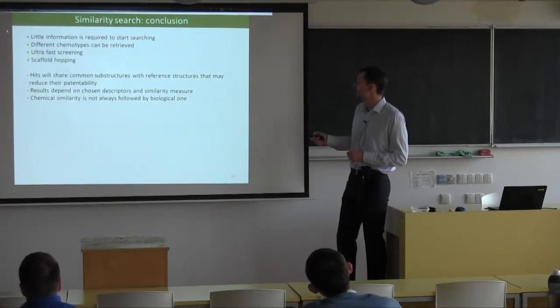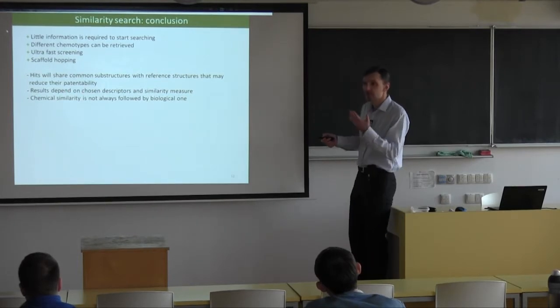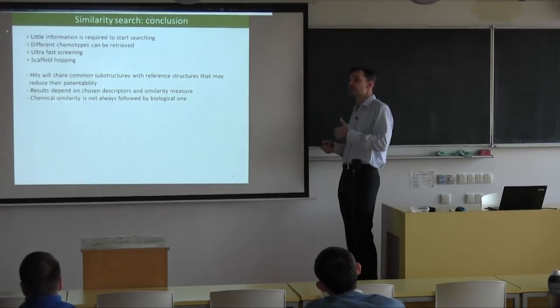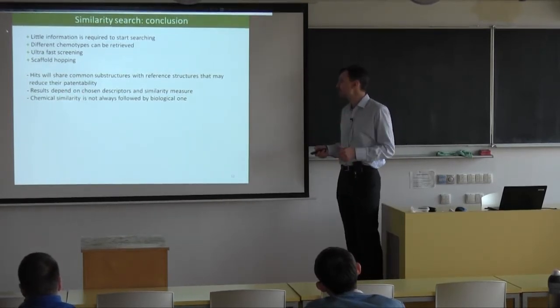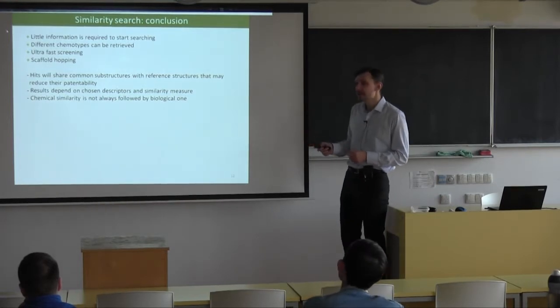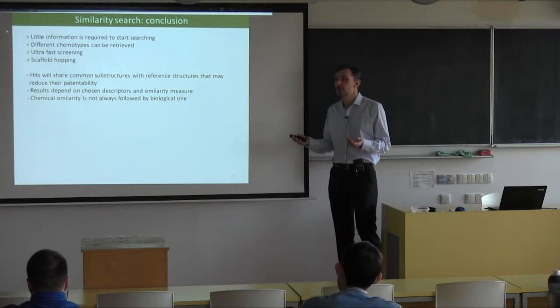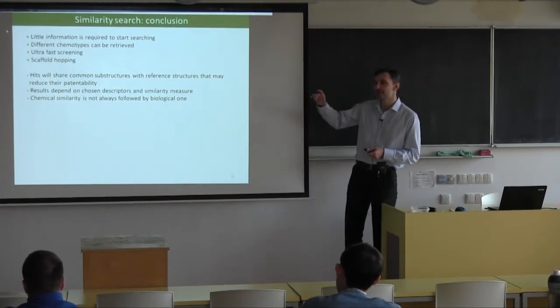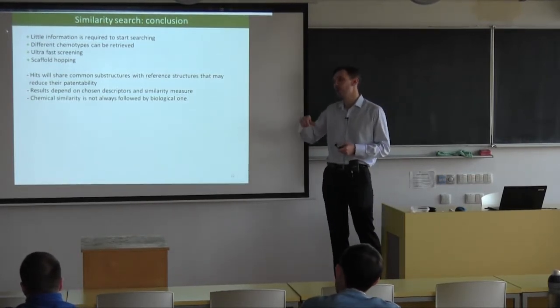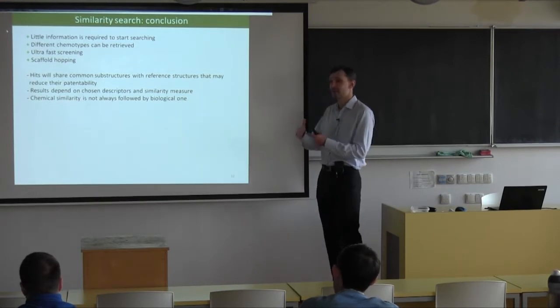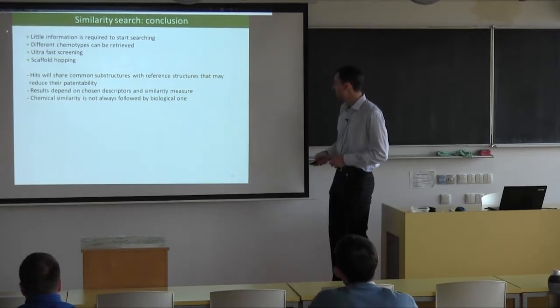So again, it is important which descriptors and similarity measure were chosen, and that chemical similarity doesn't always correspond to the biological one. Of course, if you take the top similar compounds, you cannot expect that all of them will be active, but some of them should be.